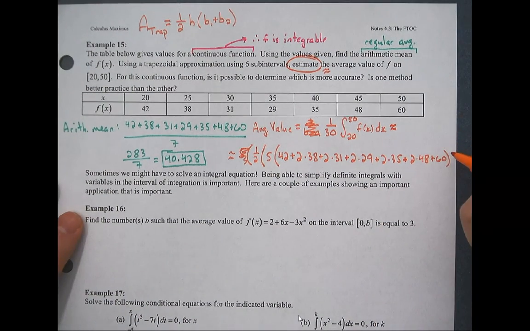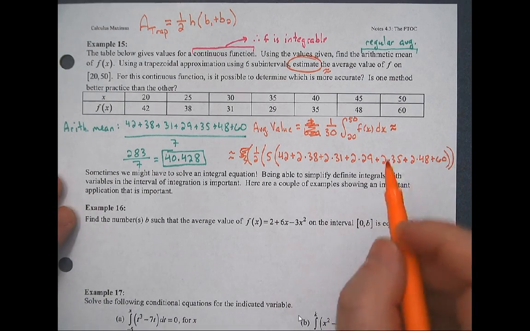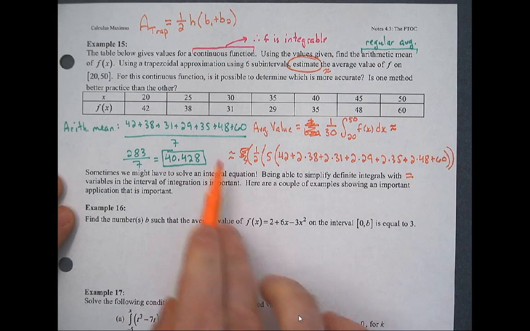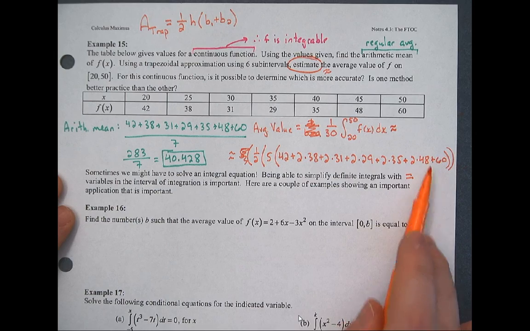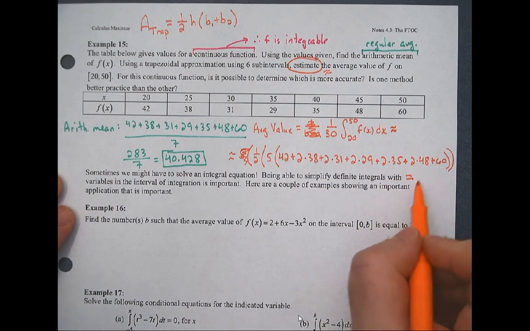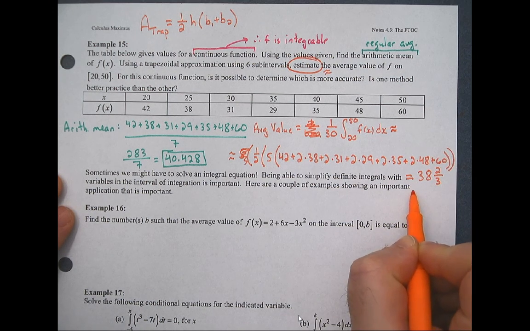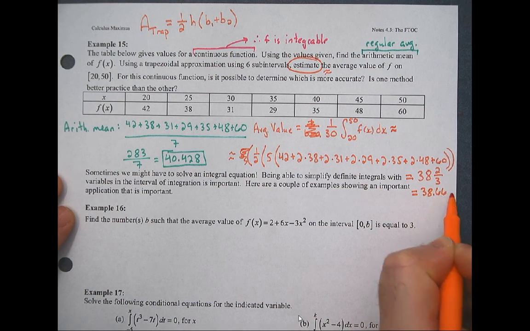Oh, I need another parenthesis here. I almost ran out of room, but I made it. Which now equals, by the way, equals, because even though this was our one approximation, this is no longer an approximation when I go from this line to this line. So this equals 38 2/3, which equals 38.67.